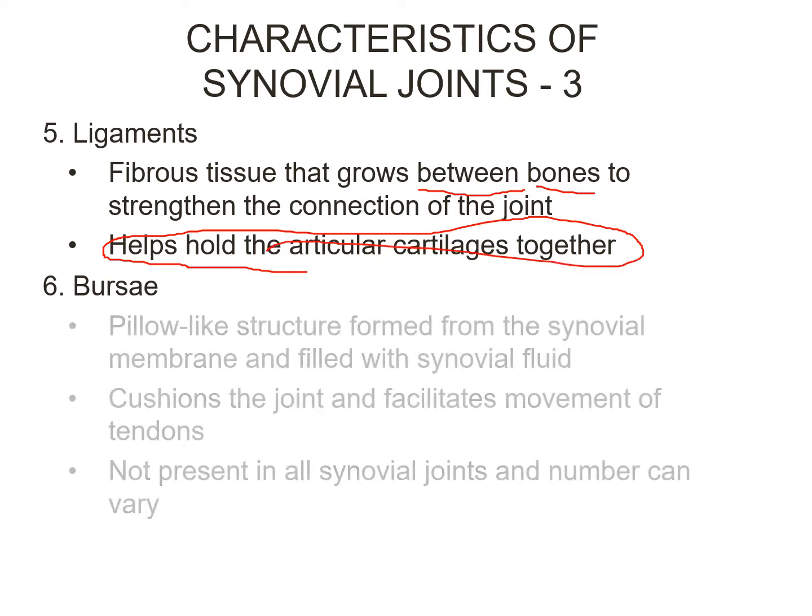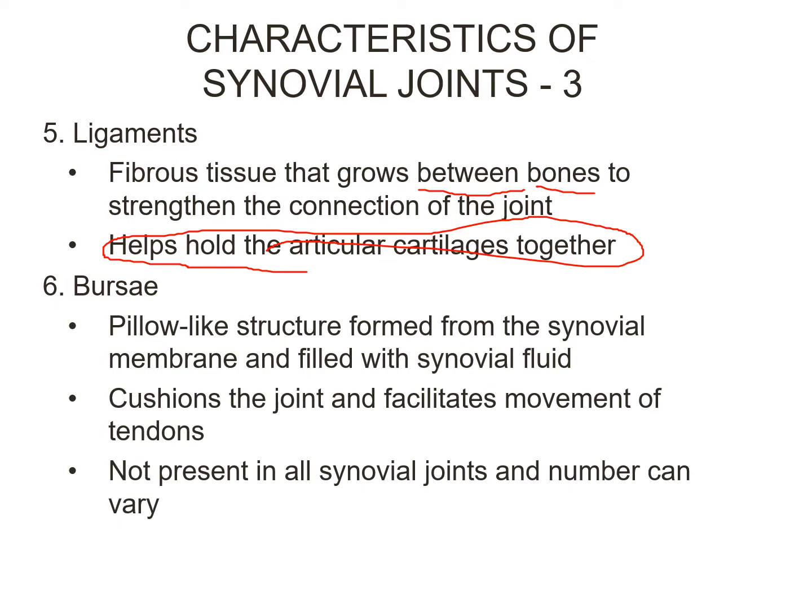Now, what is a bursa? A bursa is formed from the synovial membrane. So it's this kind of pill-like, sac-like structure, this kind of bubble inside of the joint cavity that's filled with synovial fluid. So the synovial membrane is filled with synovial fluid, and the bursa is filled with synovial fluid.